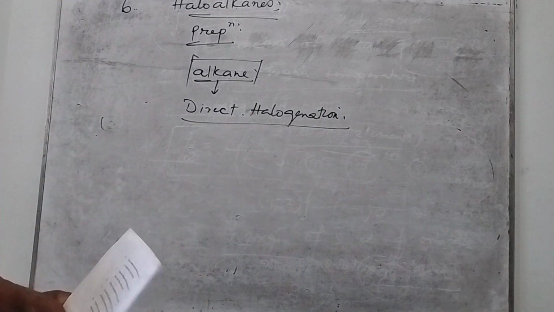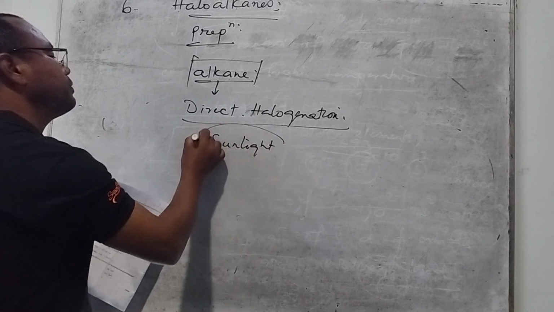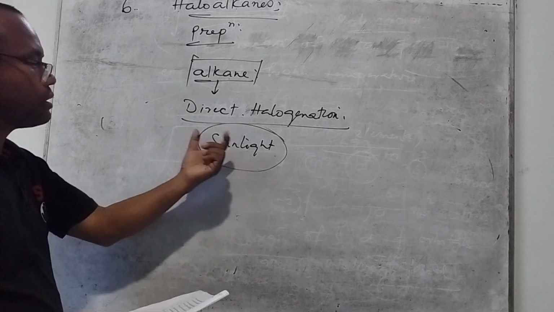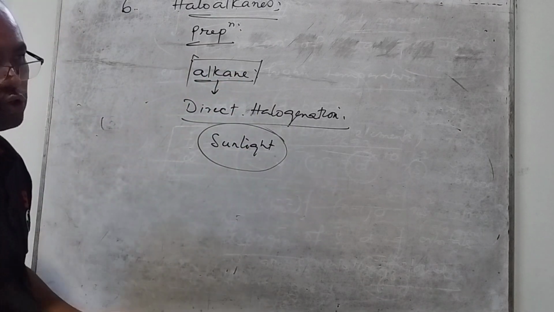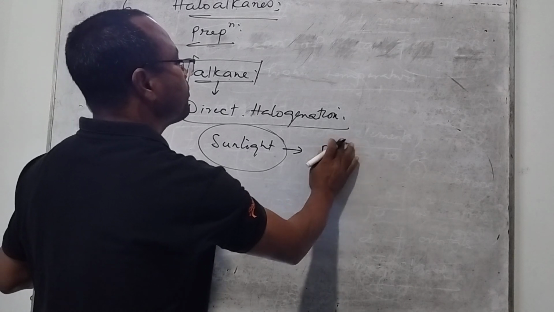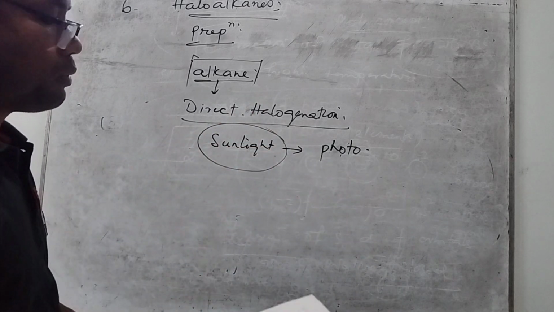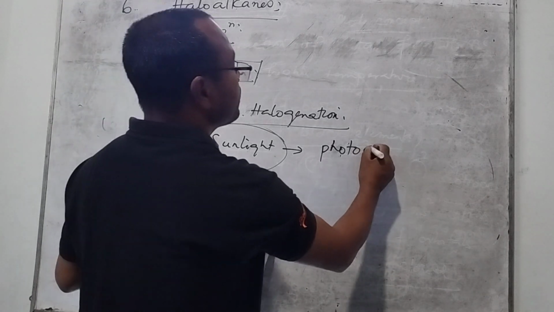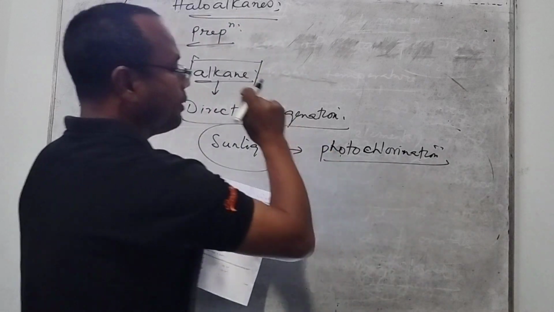Under what condition? The condition applied here is sunlight. Under the sunlight, an alkane can undergo halogenation, and that reaction we call photo-halogenation. The halogenation we are going to do here is chlorination, so that is photochlorination.